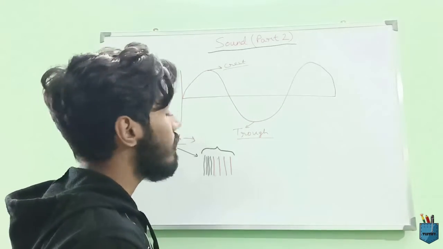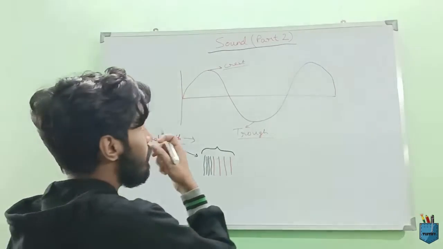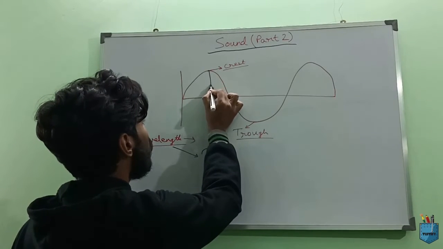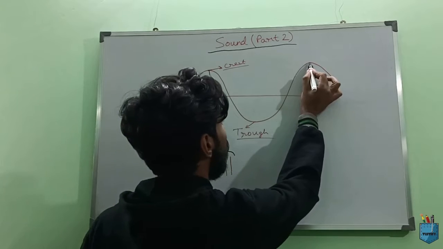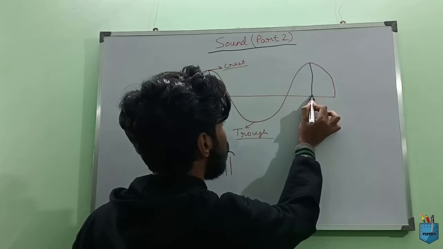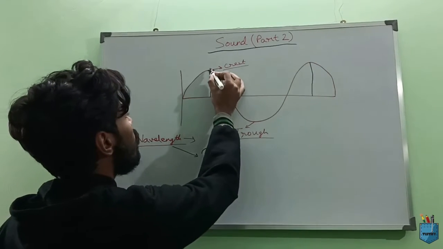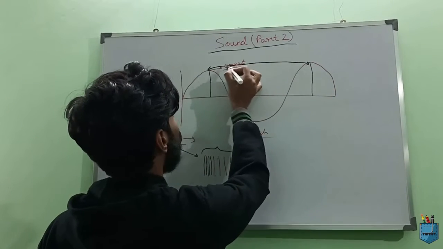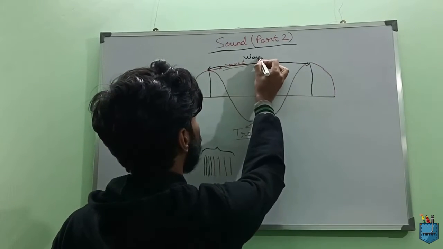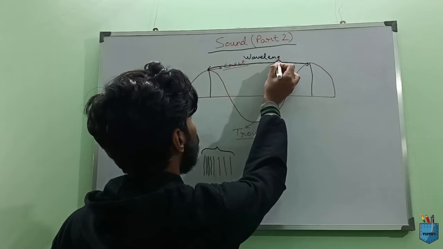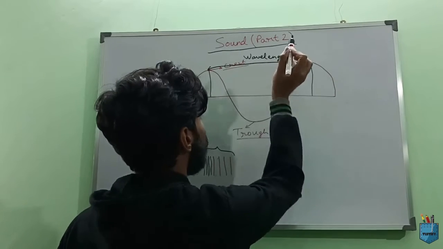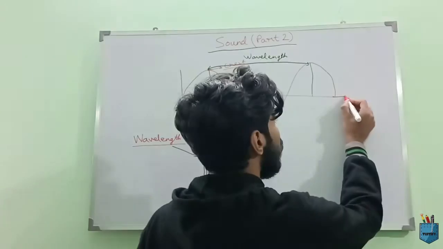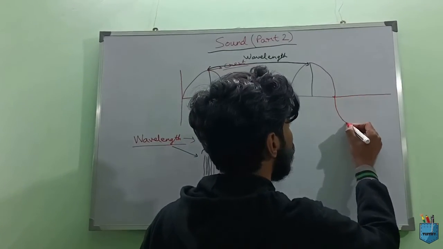To make it easier, suppose this is the center of a crest and this is the center of the adjacent or next crest. The length between two adjacent crests is called the wavelength. Now if we extend this, we can make another trough here.